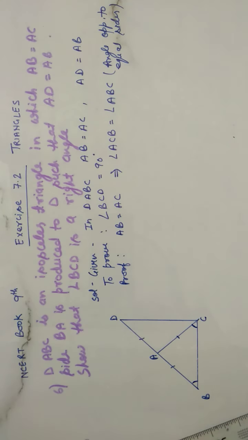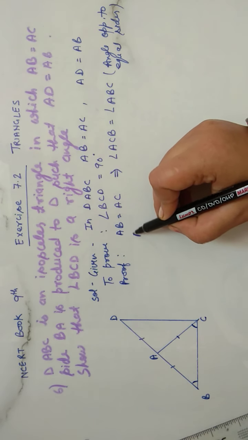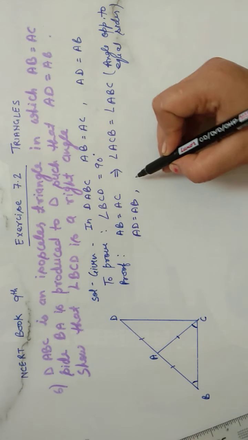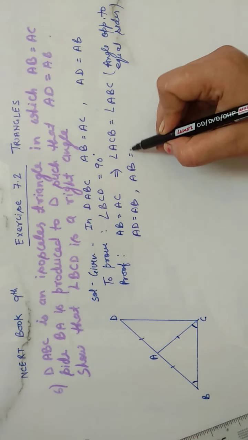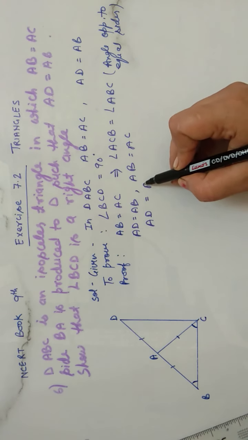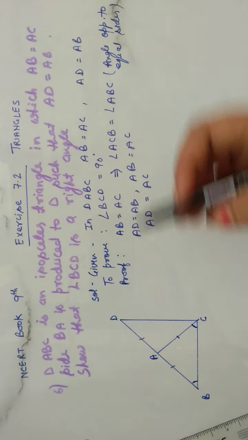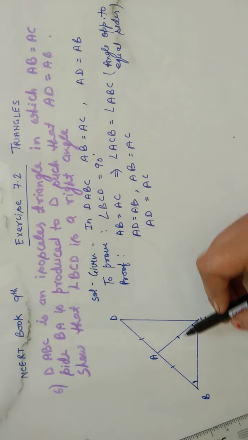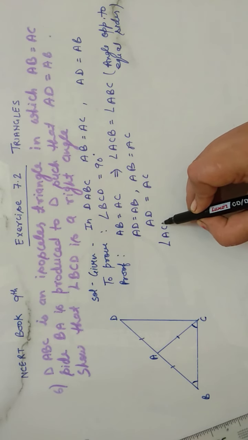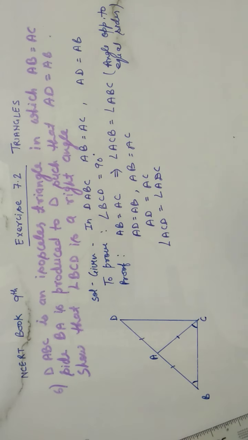Now, next, what is given to us? It is given to us that AD is equal to AB, but AB is equal to AC. So AD is also equal to AC. If AD is equal to AC, then the opposite angles, angle ACD, is equal to angle ADC.